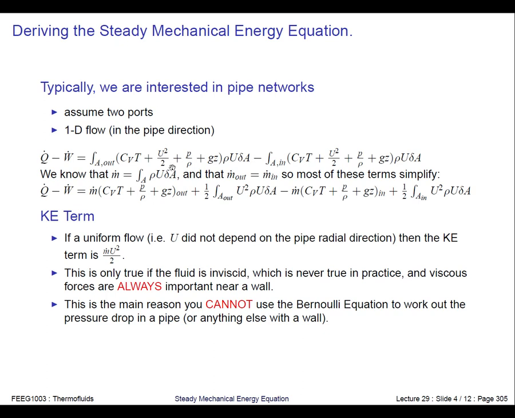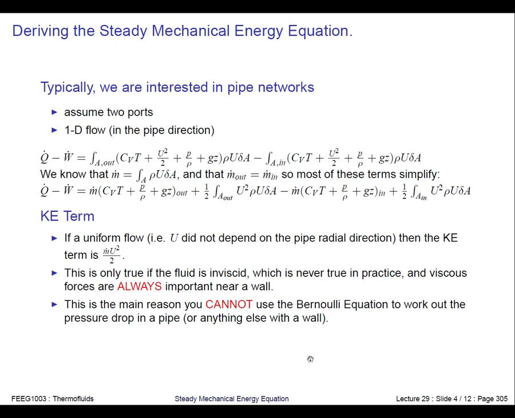if it was inviscid, we could just take this straight outside. We wouldn't have to worry about the integrals. But we can't, and we need to account for this viscous velocity profile.